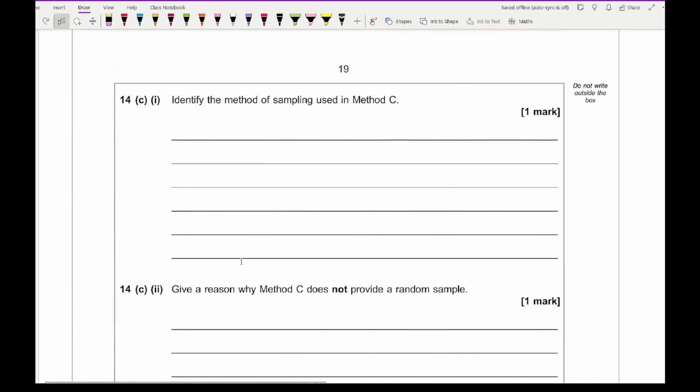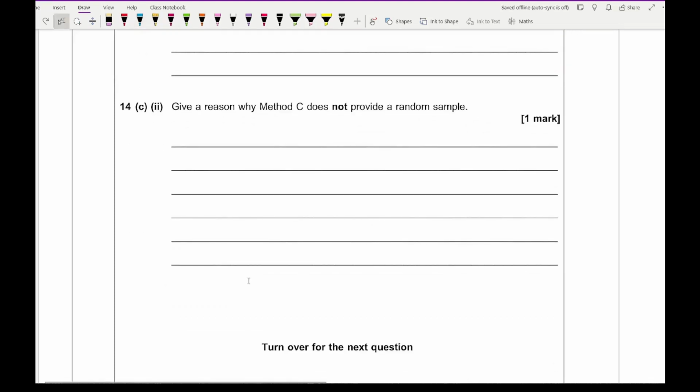Then for 14ci, it says identify the method of sampling used in method C. Well, that method is a systematic sampling technique. And then for 14cii, give a reason why method C does not provide a random sample.